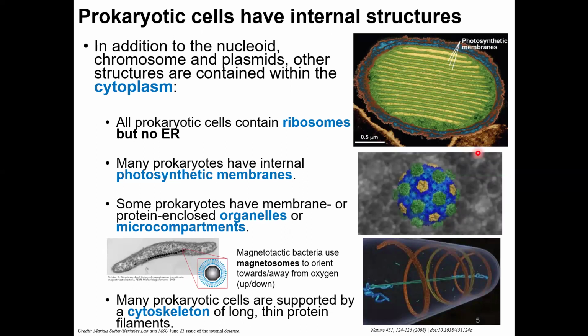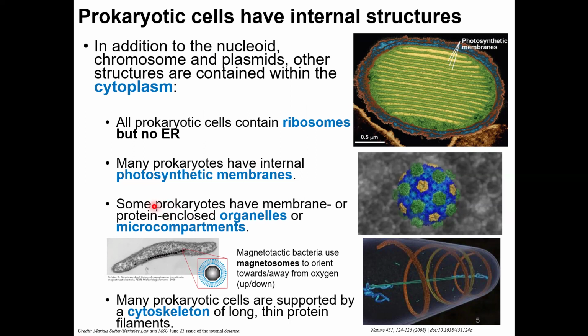So prokaryotic cells also have some internal structures. In addition to the nucleoid, the chromosomes and the plasmids, again there are ribosomes but no endoplasmic reticulum. And then many prokaryotes have internal photosynthetic membranes because they need to create energy, which we'll talk about later on.